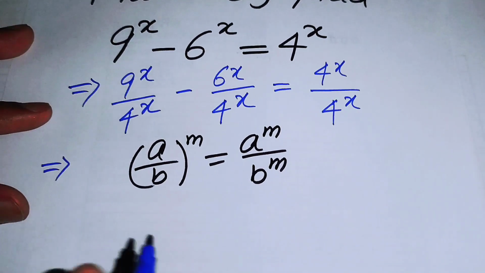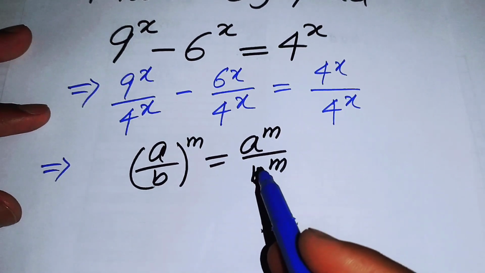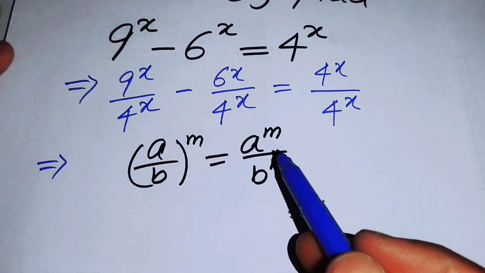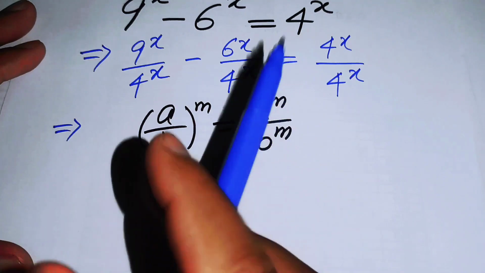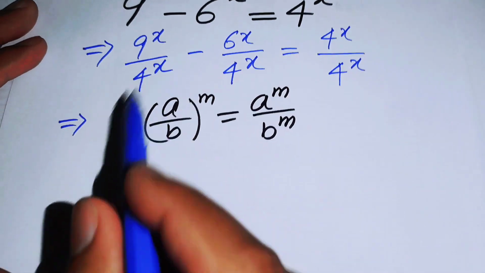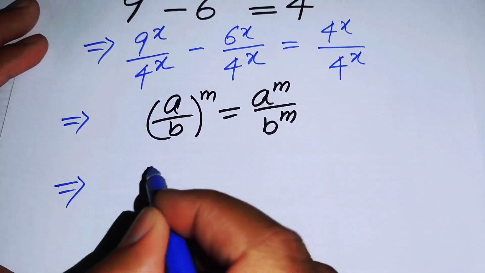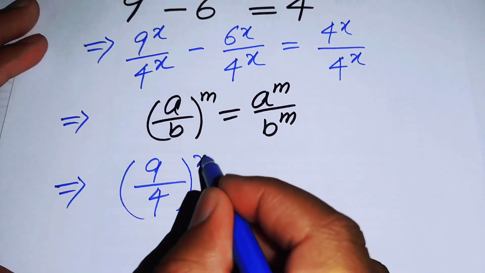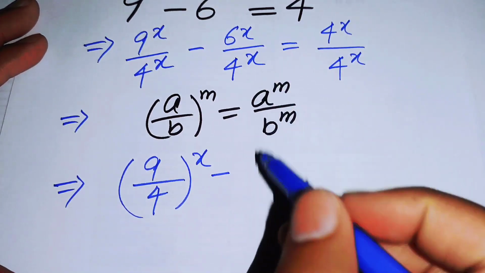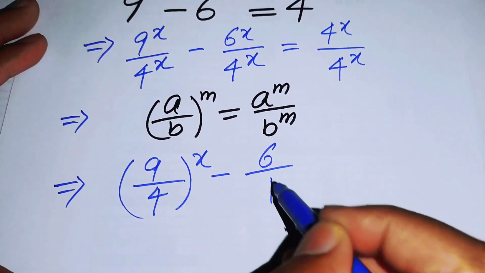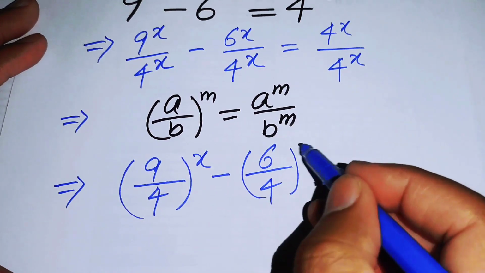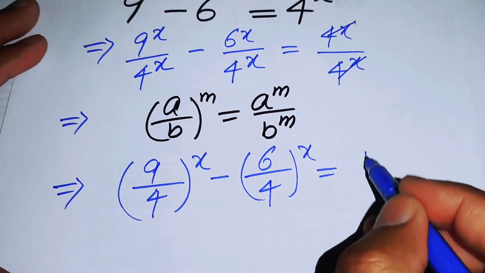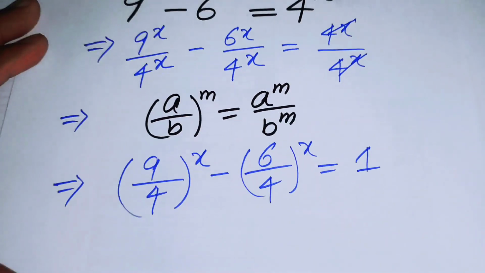So if the bases are different and the exponents are the same, we can combine them in this form. Here we combine the exponent and it becomes 9 over 4 to the power of x minus 6 over 4 to the power of x is equal to, here these two cancel and we get only 1.